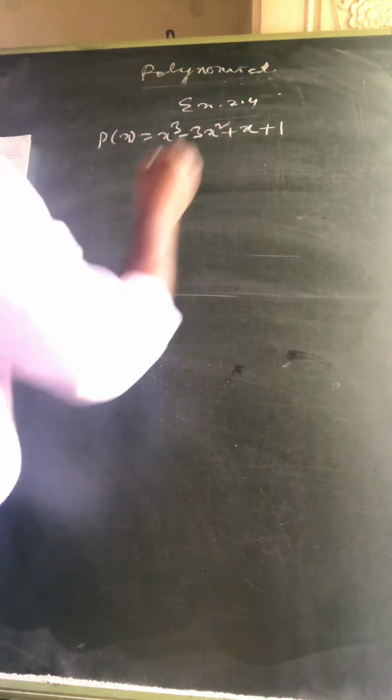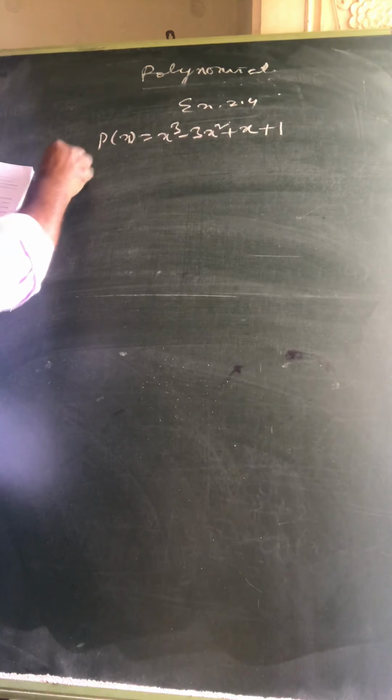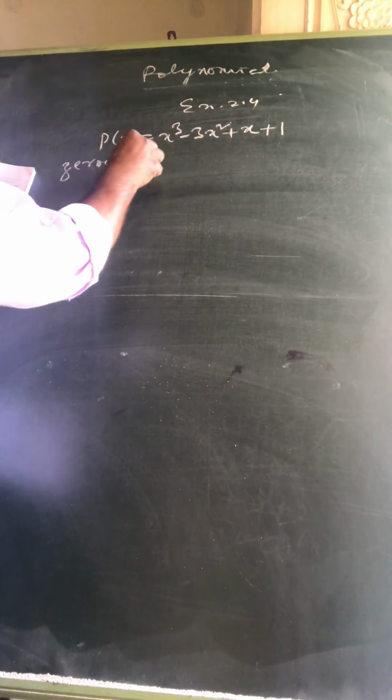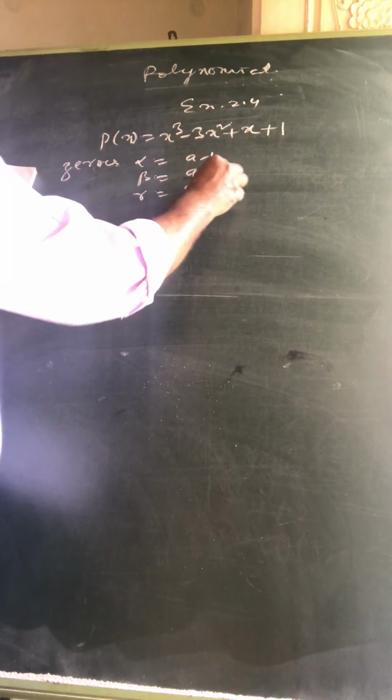Now p of x is equal to x cube minus 3x square plus 3x plus 1, and the zeros are alpha equal to a minus b, beta equal to a, gamma equal to a plus b.